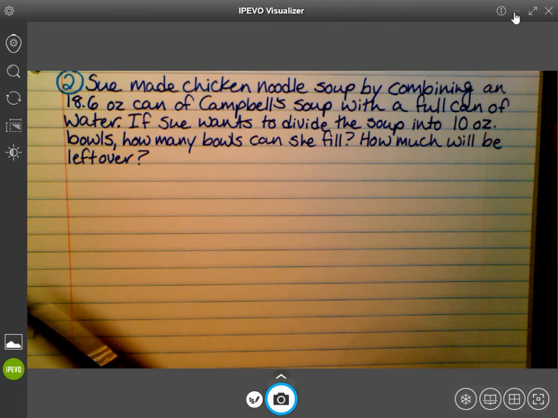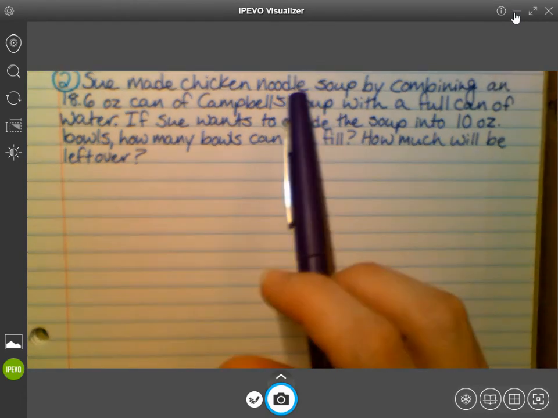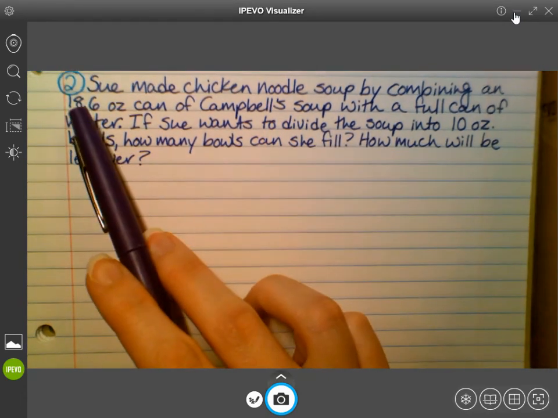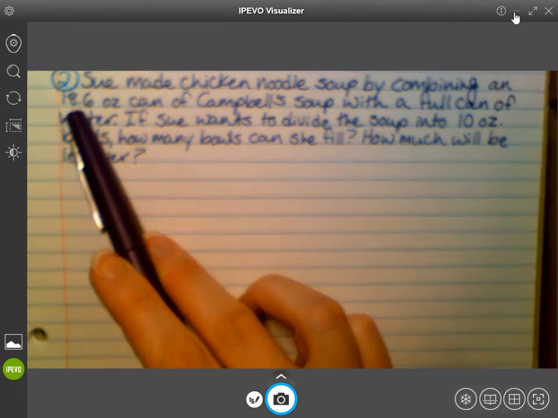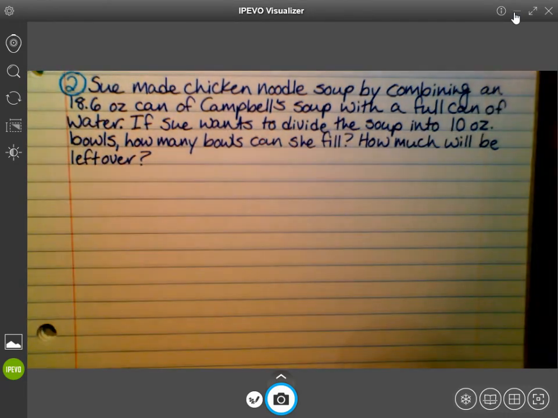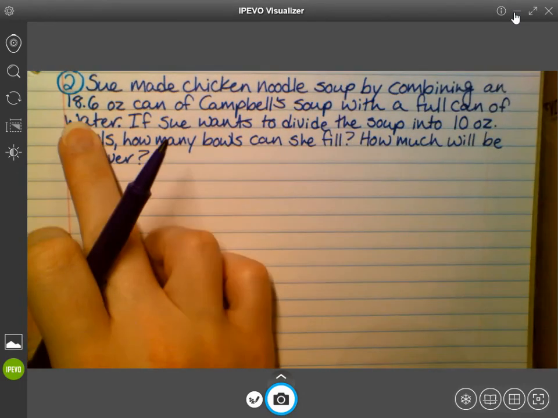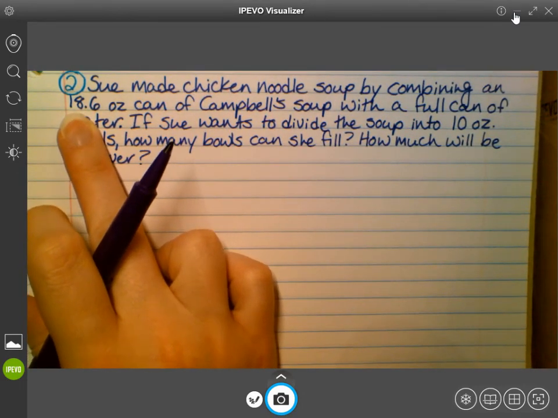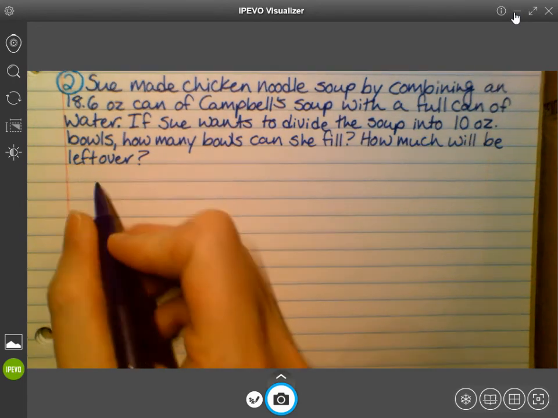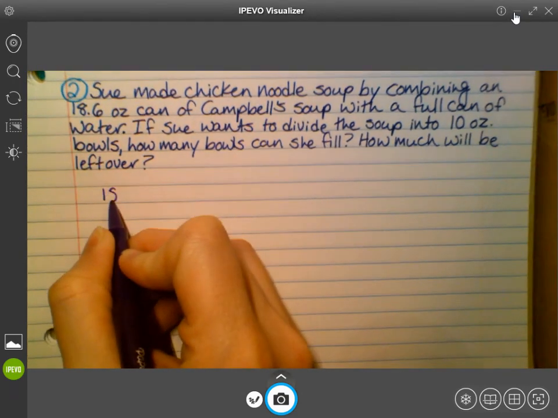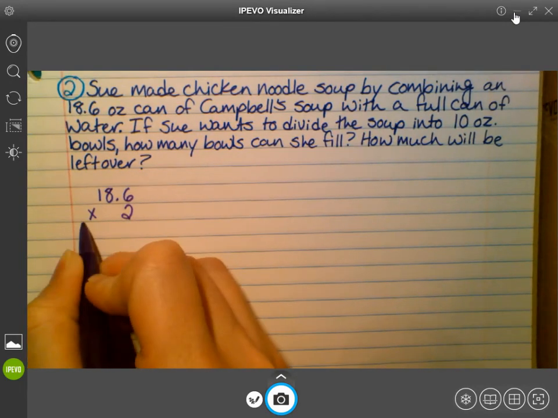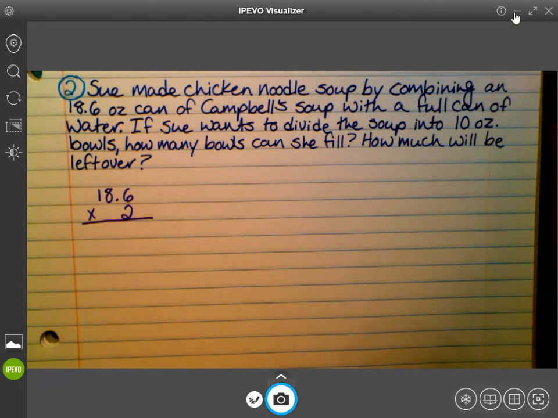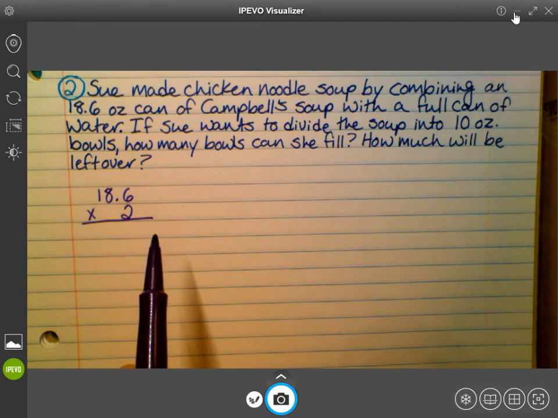So that means when Sue was combining the chicken noodle soup and water, she was combining two 18.6 ounce cans of liquid, right? So the first step needs to be to add 18.6 to itself or multiply it by 2. I'm just going to multiply it by 2. So 18.6 times 2. And if you haven't gotten to a certain point, you should be writing down what I write down.